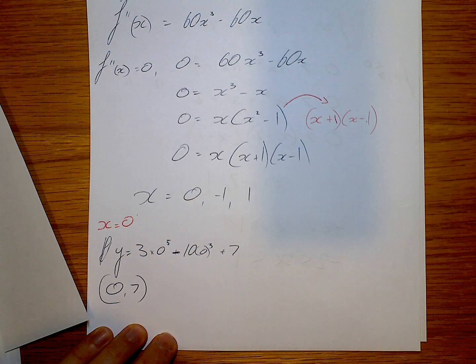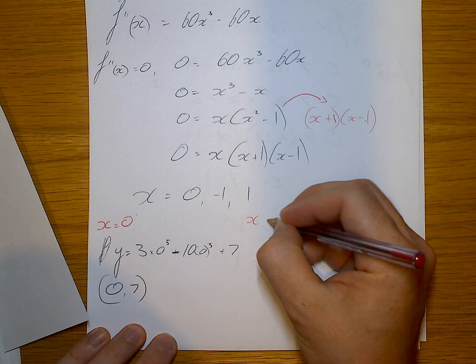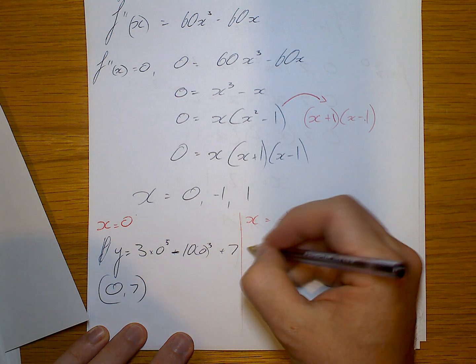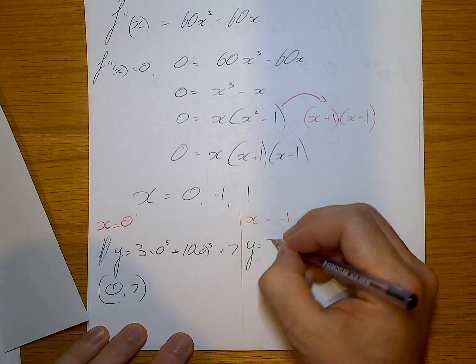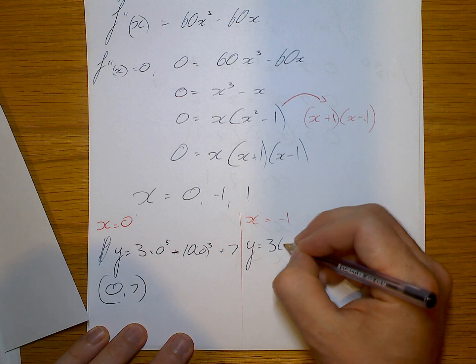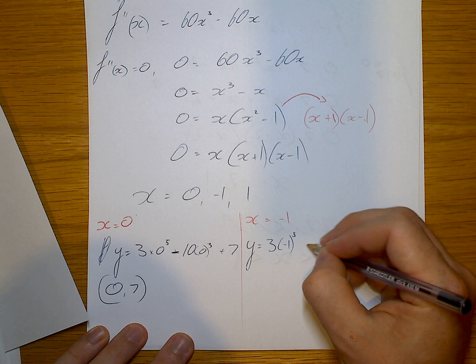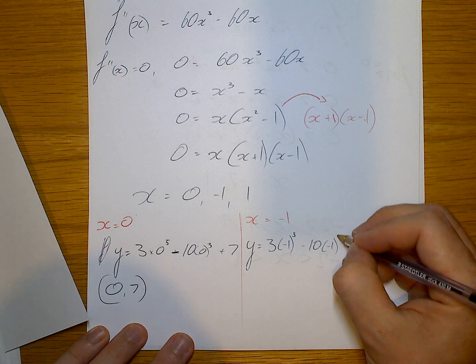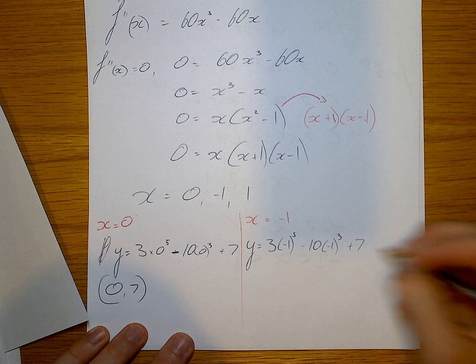The next one, x will equal negative 1. y will equal 3 times negative 1 to the power of 5 minus 10 times negative 1 to the power of 3 plus 7.